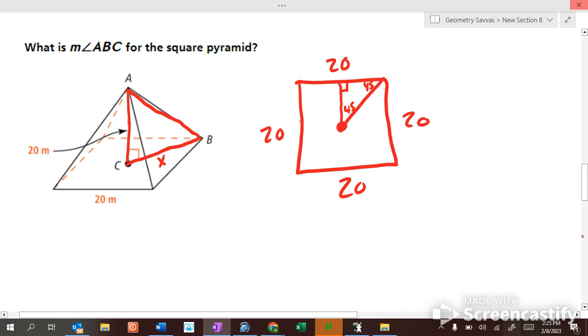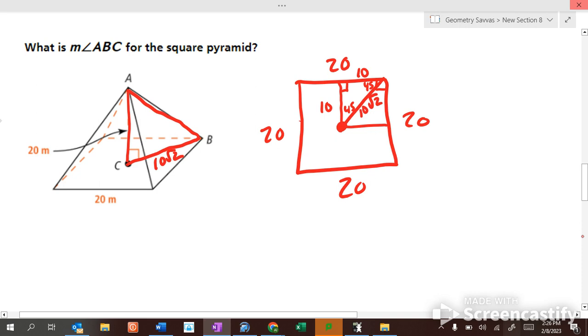Since these are right angles, you basically make a square inside a square, and so it's a 45, 45, 90 triangle, which means this is 10, and how long is x? If it's a 45, 45, 90, it's 10 times the square root of 2. All right, so now we know this is 10 square root of 2.